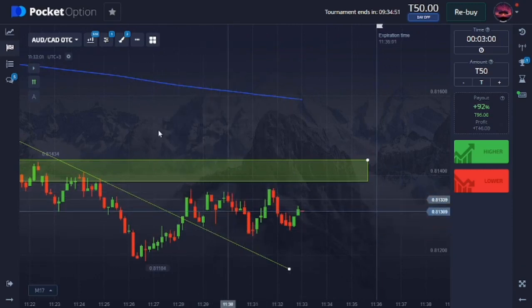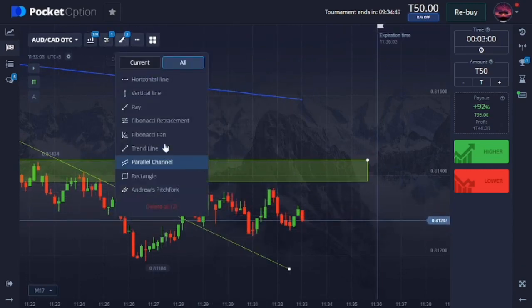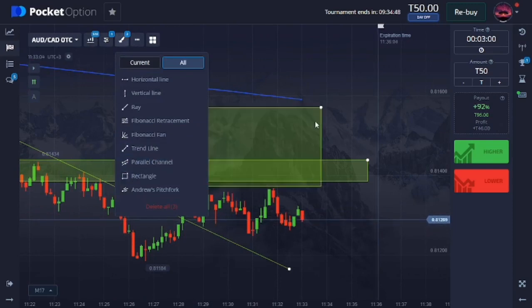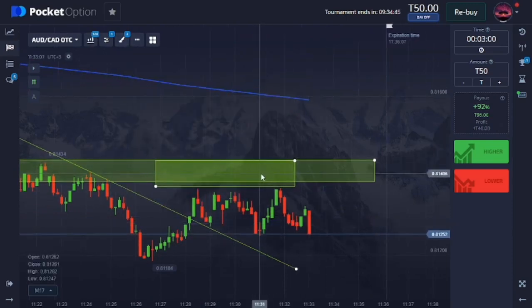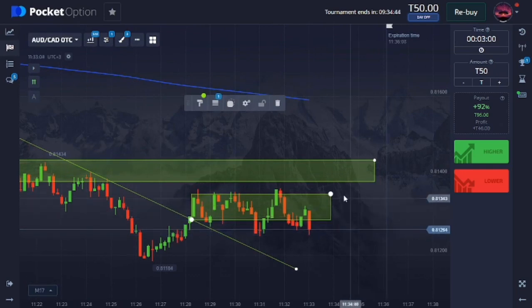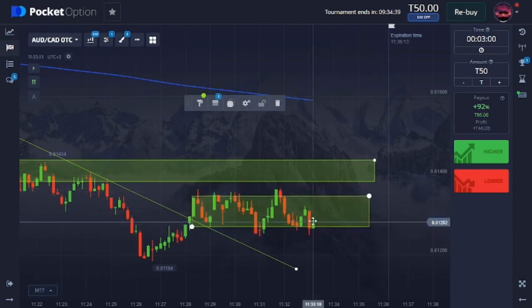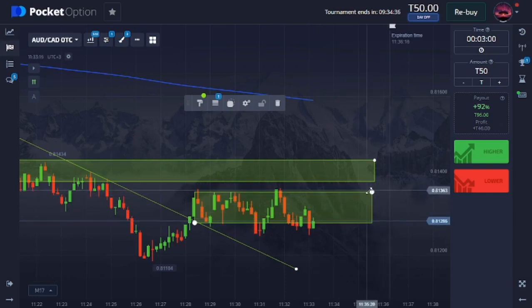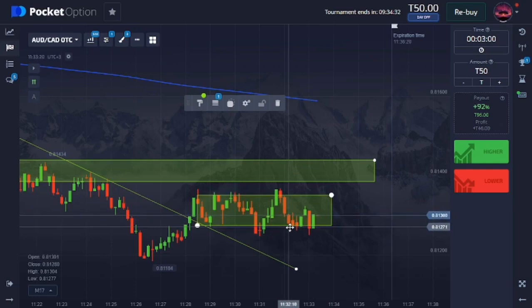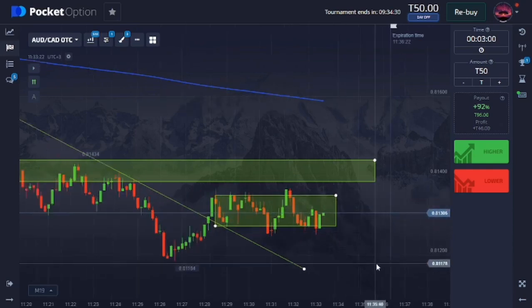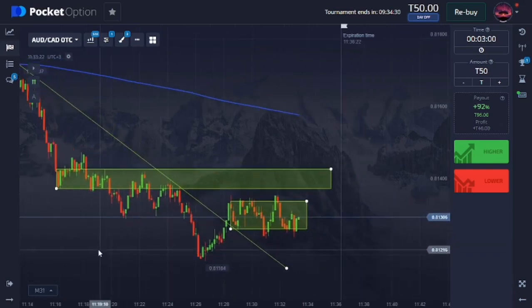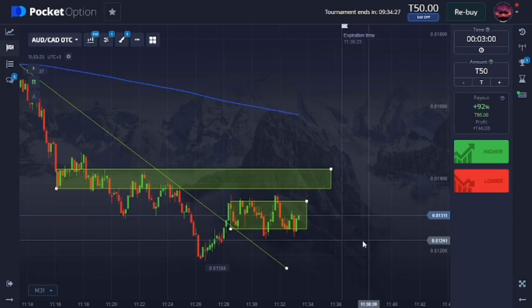As you can see, we are forming a bull flag, if you want to call it that. We are consolidating here. The price is consolidating around this area. Then it wants to break out in one direction.